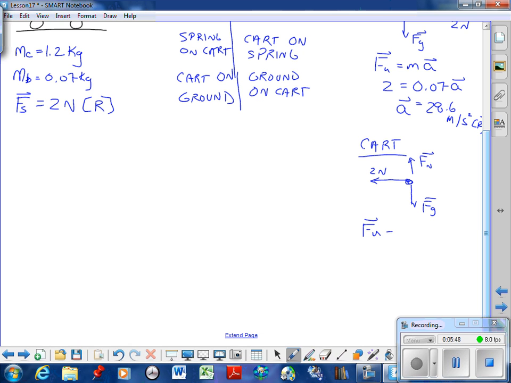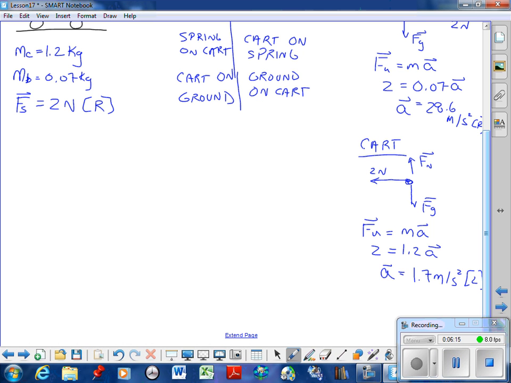So I know it's not part of the question, but here's your action-reaction force. So the ball is going to go 28.6 meters per second squared to the right. The cart is going to go, if I calculate the acceleration there, so our 2 divided by 1.2, it's going to go 1.7 meters per second squared to the left.